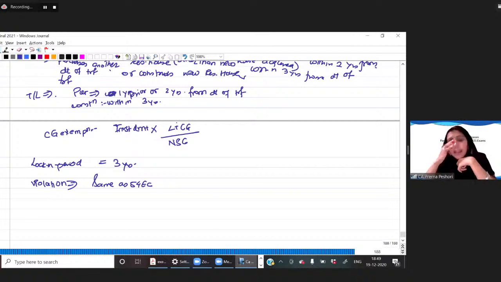Sumit, you've asked whether exemption under section 54F can be claimed in a case where the assessee acquired a new residential house in his wife's name.